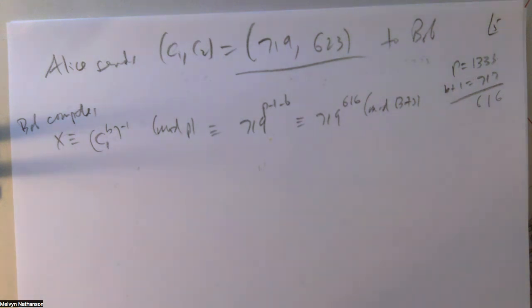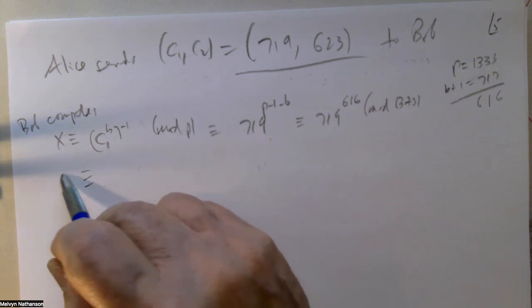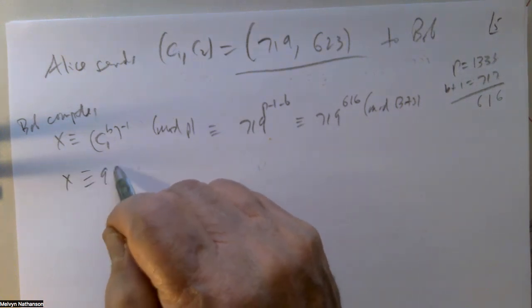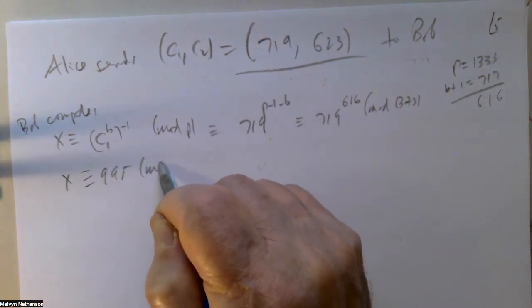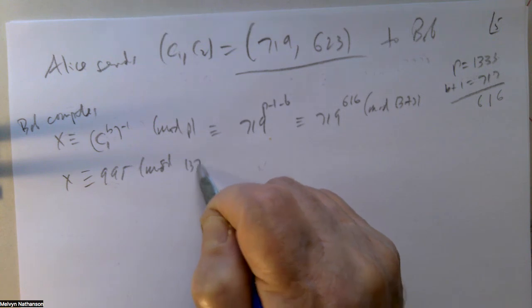And again, I use Maple to compute this. It's the IREM command in Maple. 719 raised to the power 616 modulo 1373. And what I get is X is 995 mod 1373.